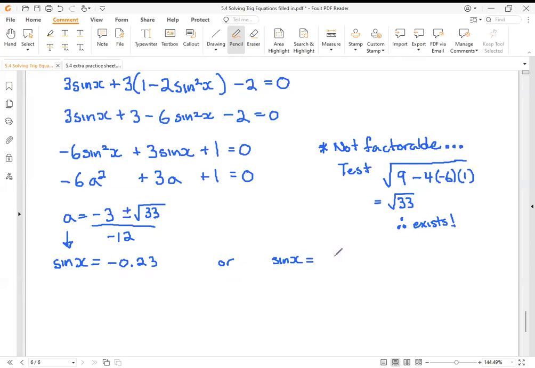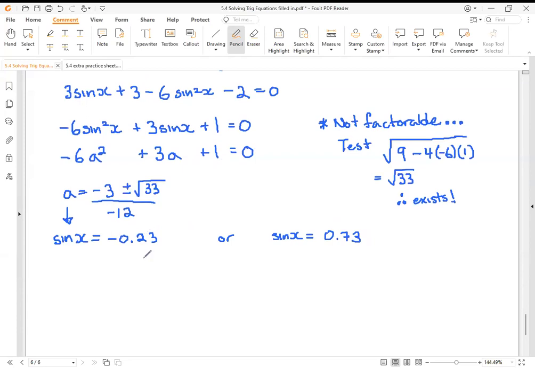That's a positive 0.73. If sine x equals negative 0.23 or sine x equals 0.73, it would make this equation equal to 0. They're not the prettiest numbers, but that's okay.